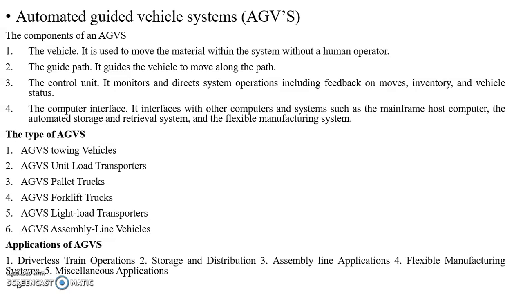And last application is miscellaneous applications. The automatic guided vehicle systems include office mail delivery and hospital material transport, where guided vehicles transport meal trays, medical and laboratory supplies, and other materials between various departments in the building.